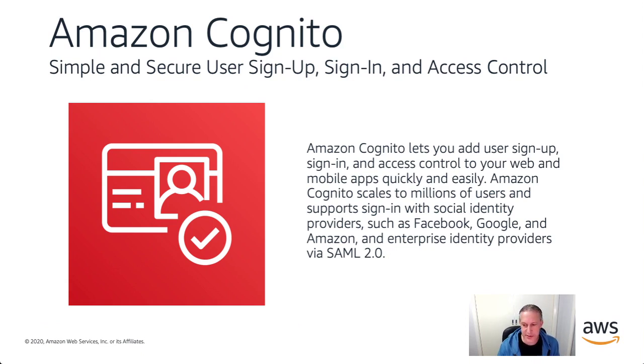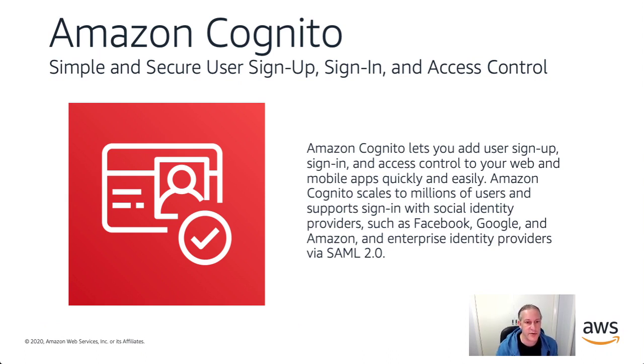What is Amazon Cognito? Amazon Cognito is a service that's been around for a few years now. It's a simple and secure user sign up, sign in, and access control. It's got its own internal database that you can use. It provides the front end for users to sign into and all of the components that you kind of need.